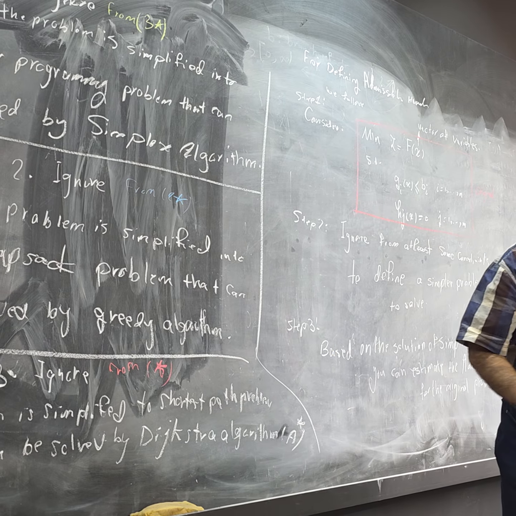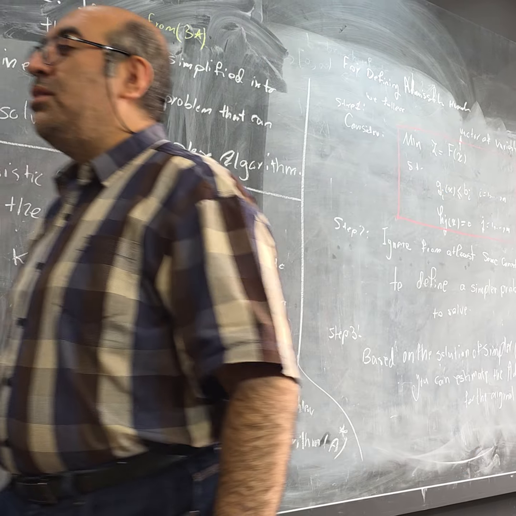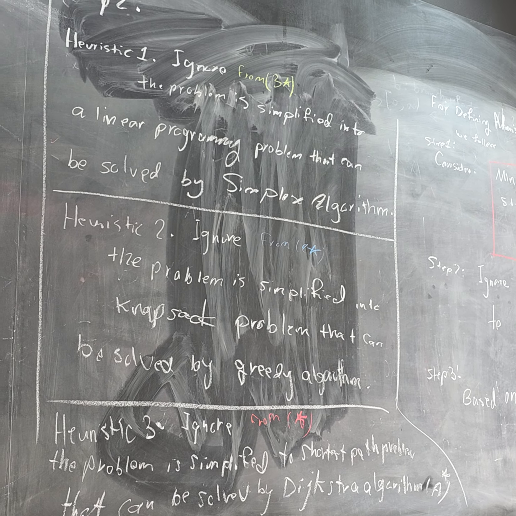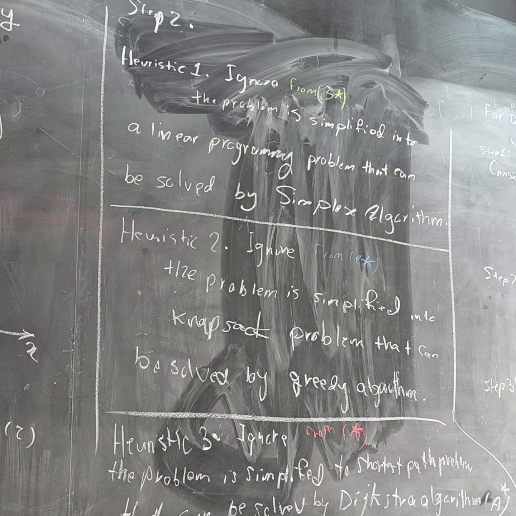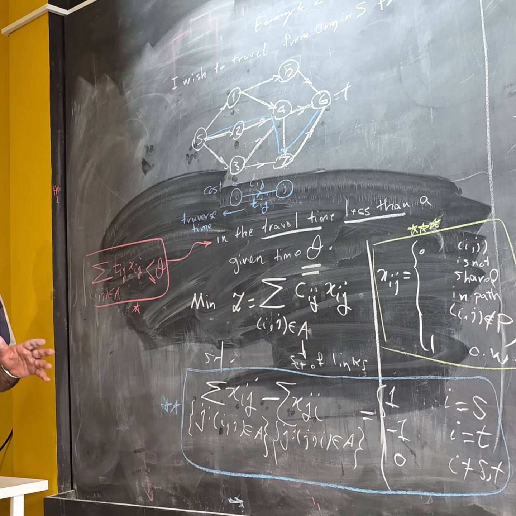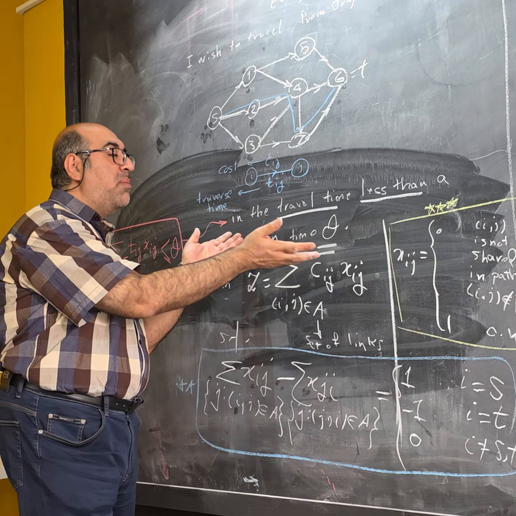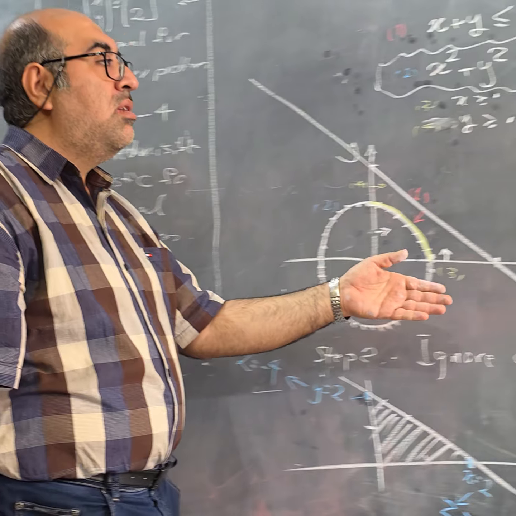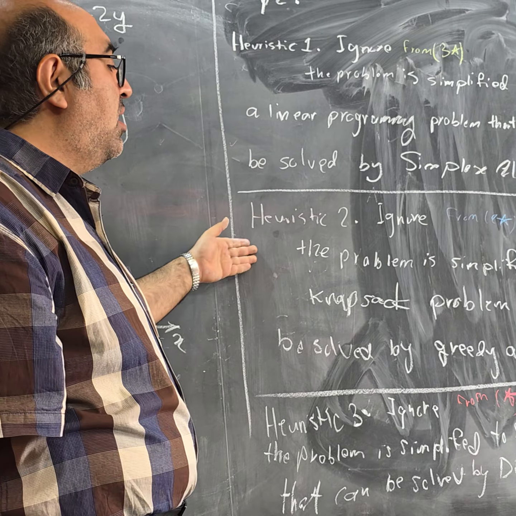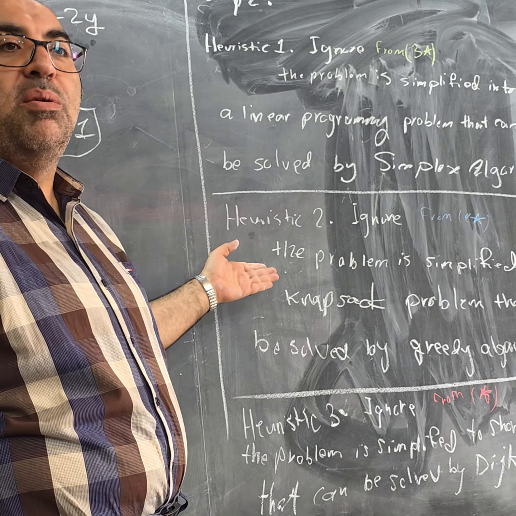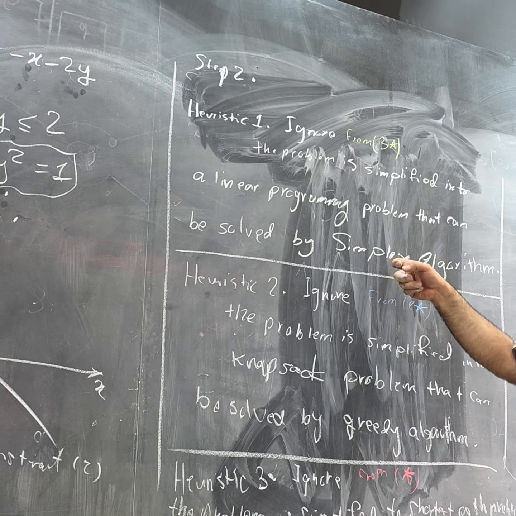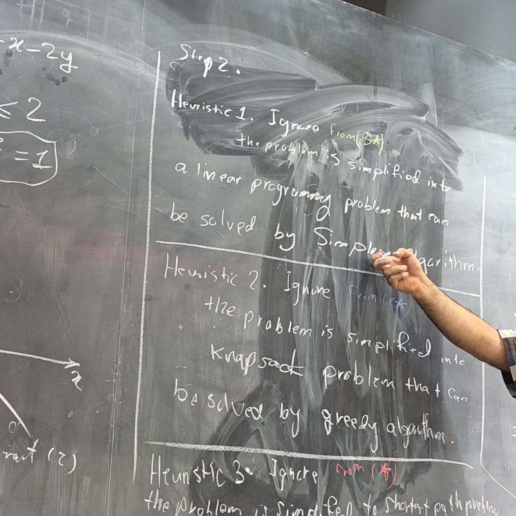This example shows that the definition of the heuristic is not unique. We can ignore different constraints and simplify our original problem into different models. All of these simplified problems are solvable with different algorithms. The first one can be solved by the simplex algorithm.